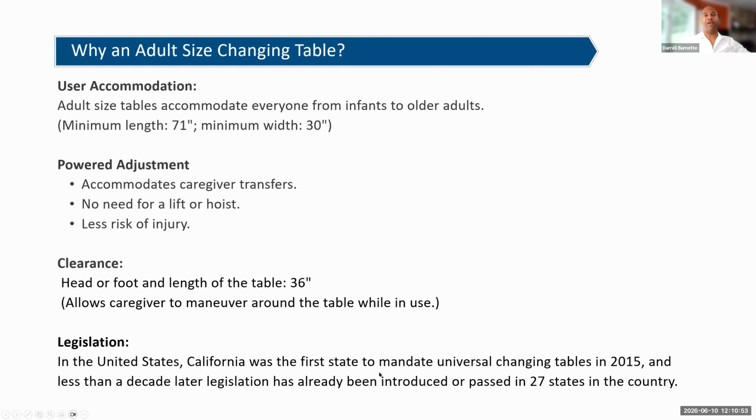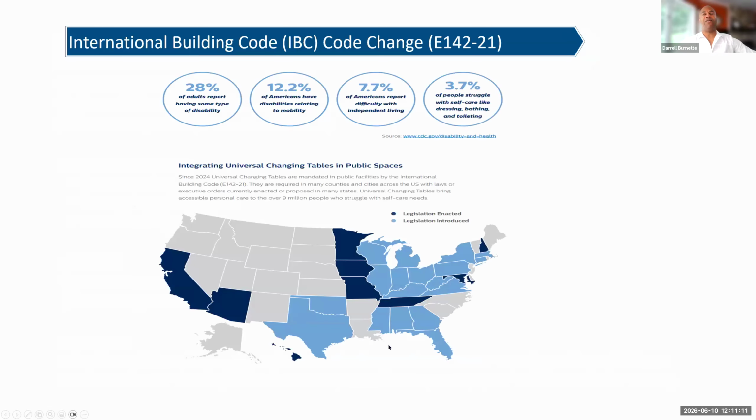And then later on, 27 states out of 50 have passed some type of legislation. What was going on before is they were going from state to state trying to get legislation. Some would get a yes, some would get a no. So then finally it was put in the building code because we were trying to capture all this. And when they were doing it state by state, they didn't really think of the impact.